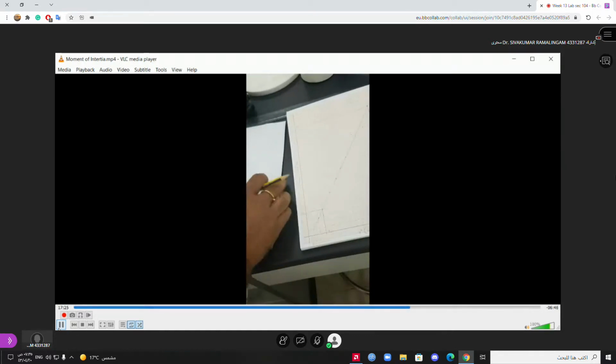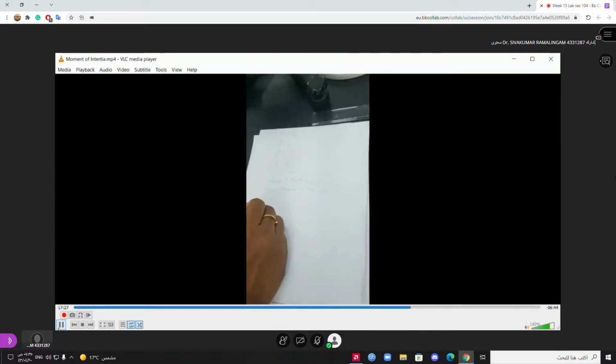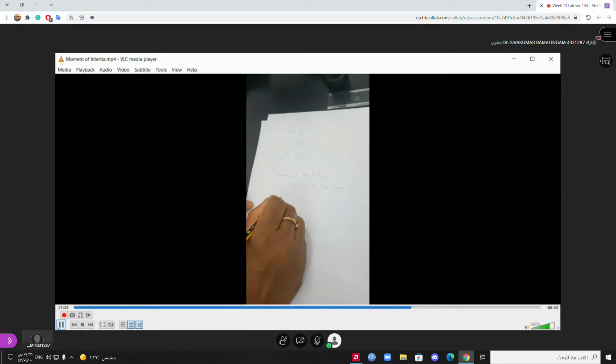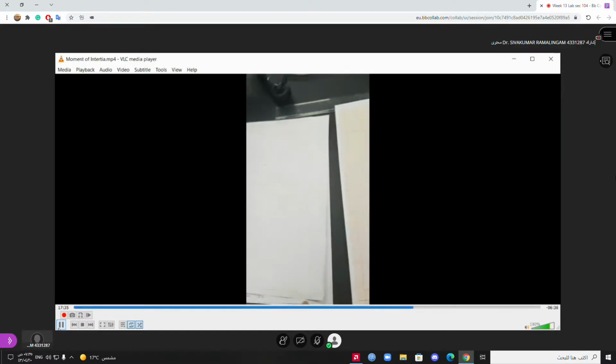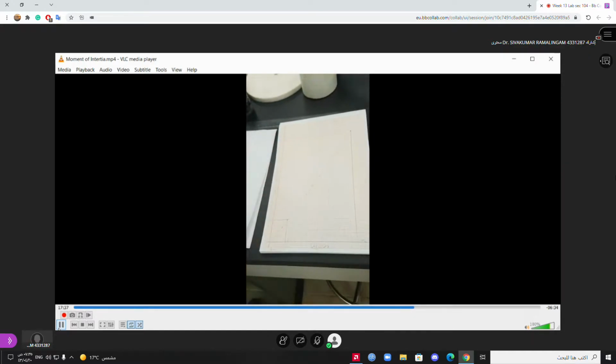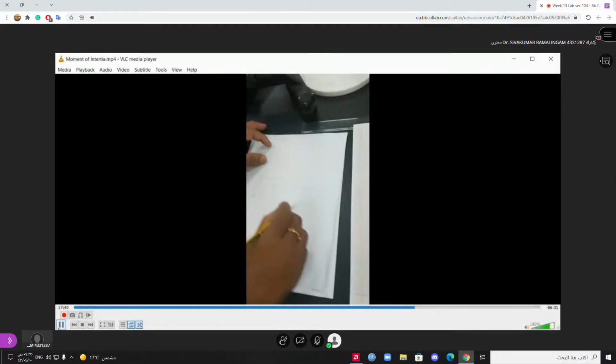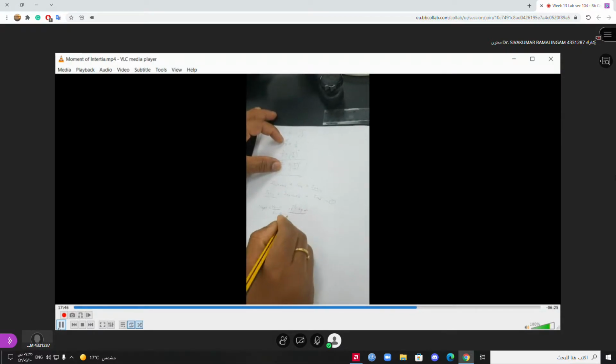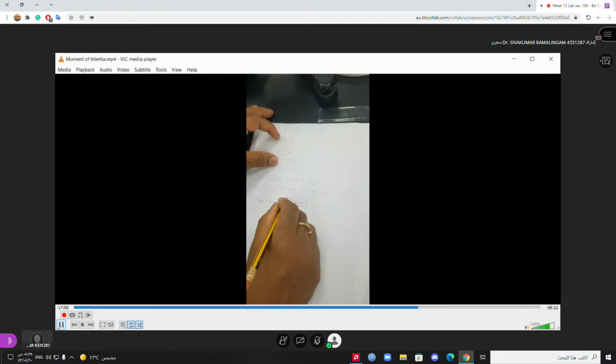Now I'm going to calculate the slope. The slope is equal to y2 minus y1 by x2 minus x1. y1, y2, x1, x2 you can get from the graph. Now coming to the unit. 10 to the power of minus 6 kilogram meter square, 10 to the power of minus 3 meter square.